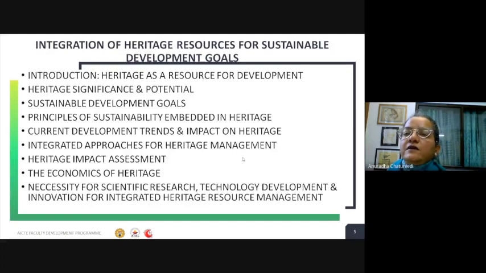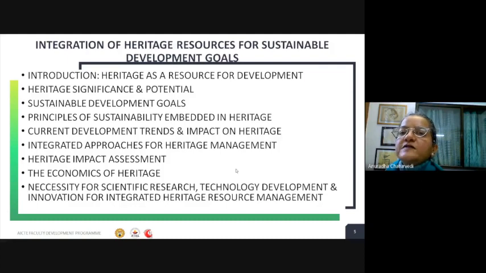We will look into detail as to how the sustainable development goals are linked with heritage as a resource, what are the principles of sustainability which have traditionally been embedded in the heritage resources of our country, what is the implication and impact of the kind of development scenario today, and what is the necessity for adopting an integrated approach for heritage management which ensures that heritage is taken into consideration while planning for development.